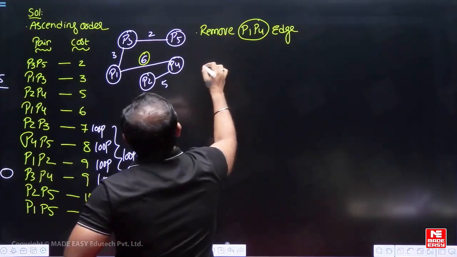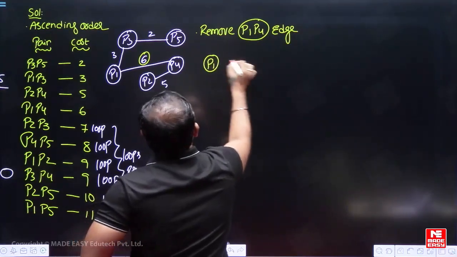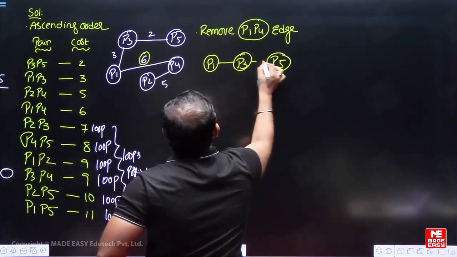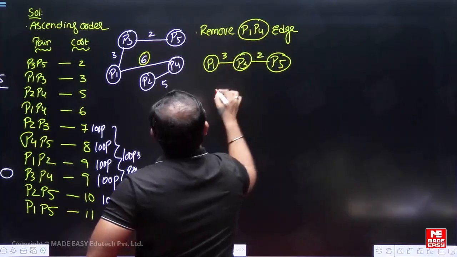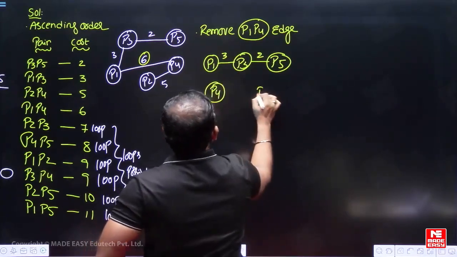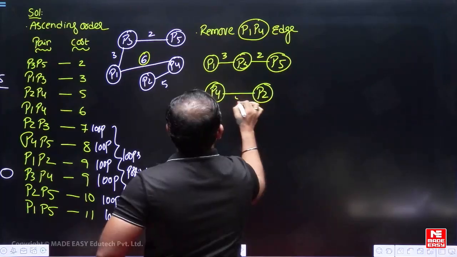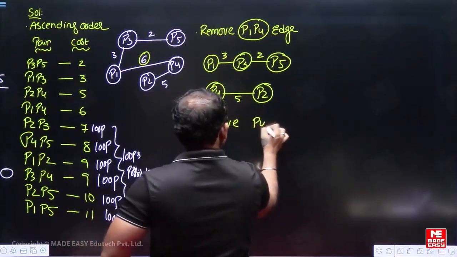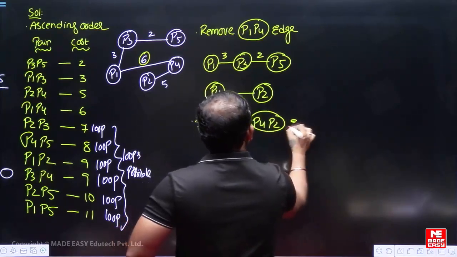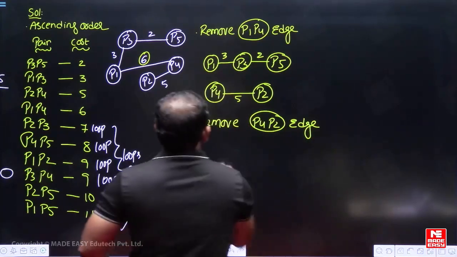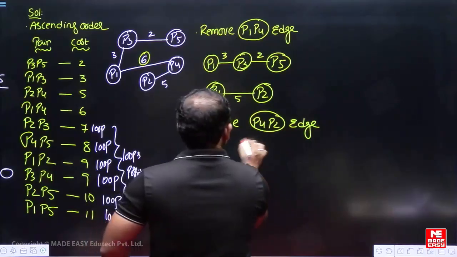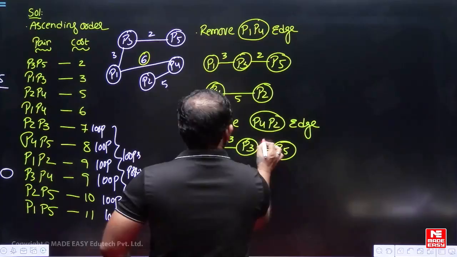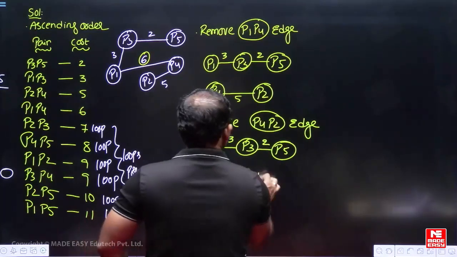If you remove the P1, P4 edge, P1, P3, P5 is there with weights 3, 2, and P4 and P2 are separated with weight 5. Next, remove P4, P2 edge. Okay, so now P1, P3, P5 is there with cost 3 and 2. Now P4, P2 become independent.